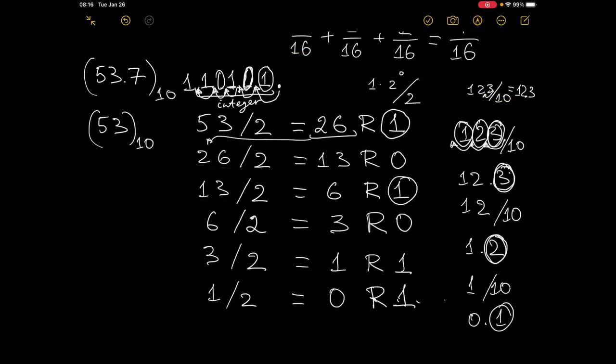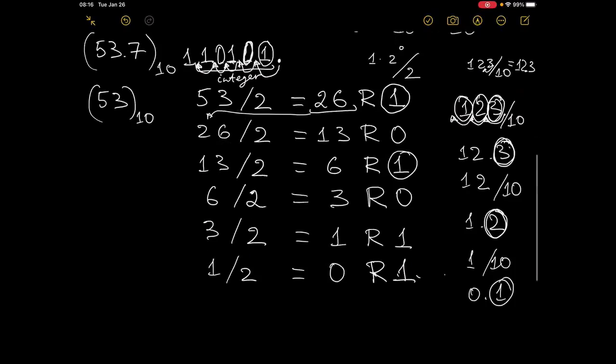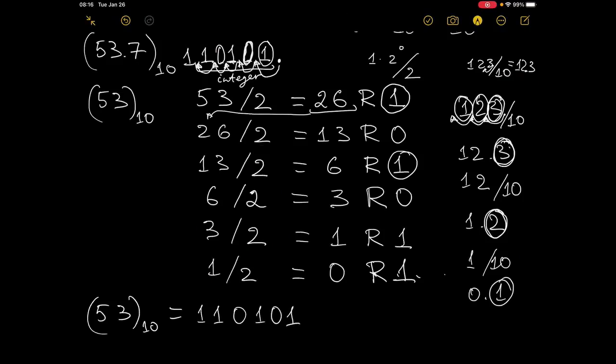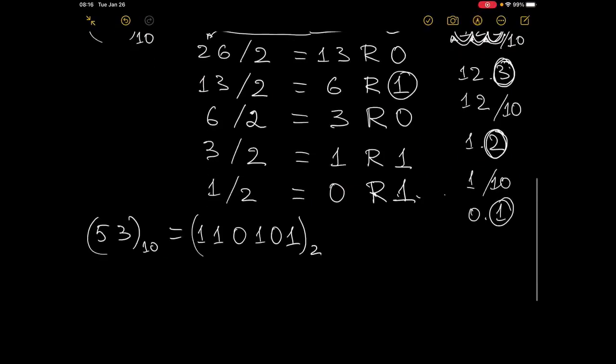Okay. So I know that 53 in a decimal representation is nothing else but 1, 1, 0, 1, 0, 1 in the binary representation, base 2. I did it in the last lecture, and I even checked it, so you can check that it will give you 53 exactly.